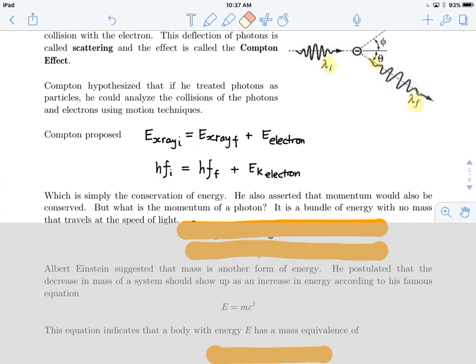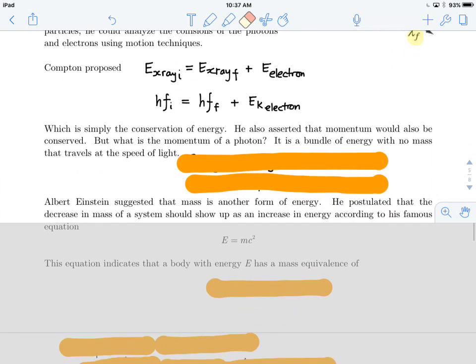Because we had been able to quantify the energy of a photon, an X-ray photon, as E = hf, we now have a way of expressing these energies. But he also said that momentum would be conserved: the momentum of the initial X-ray would be equal to the momentum of the final X-ray plus the momentum of the electron.